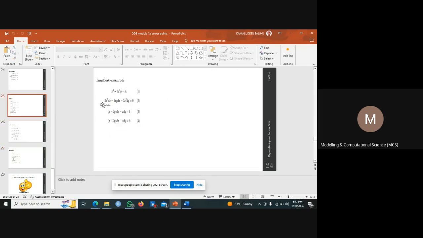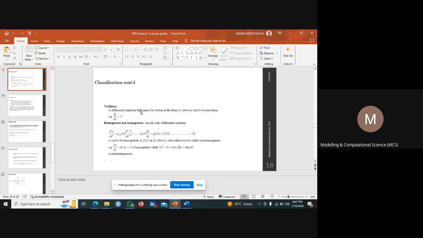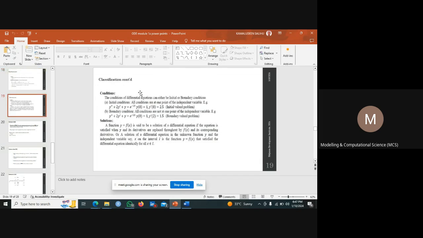So in summary, today we talked about differential equations. Differential equations are equations that involve derivatives. They are classified into order, degree, type, linear, homogeneous, non-homogeneous, and so on.